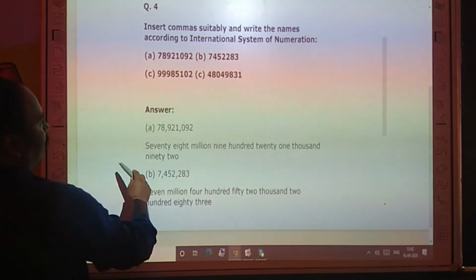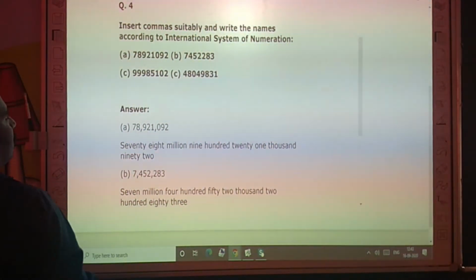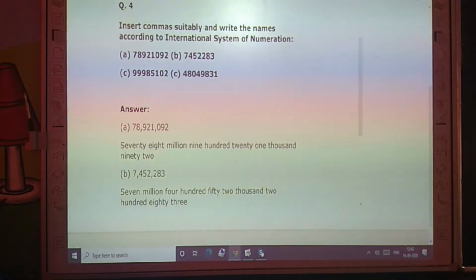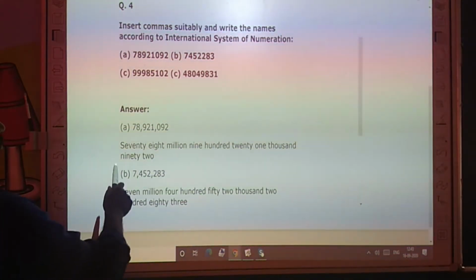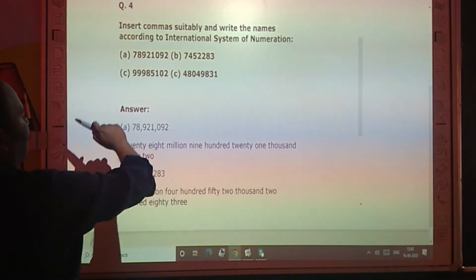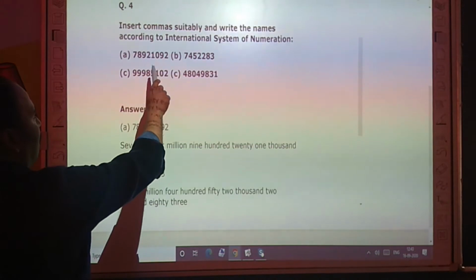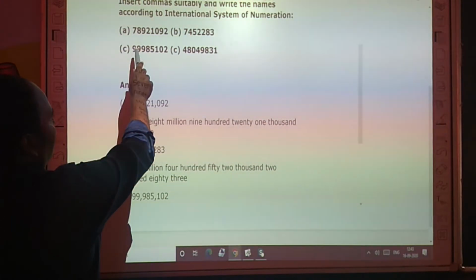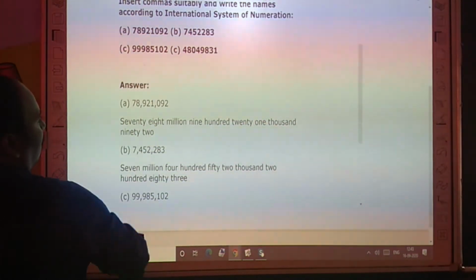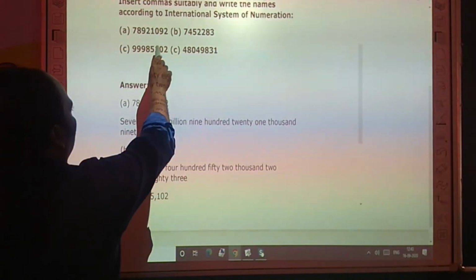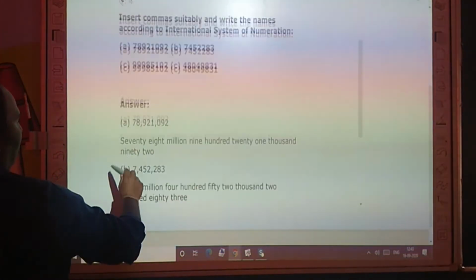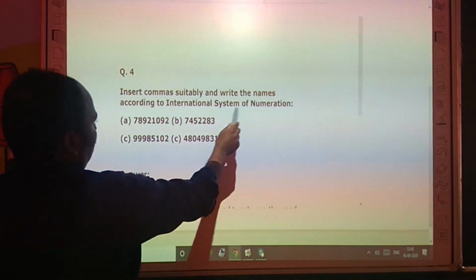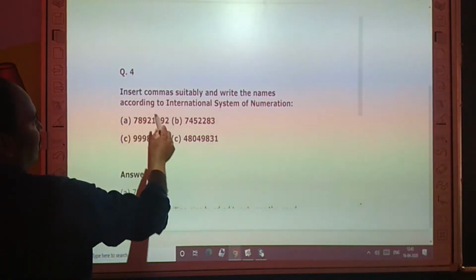The next one, question number 4. Insert commas suitably and write the names according to the International System of Numeration. Listen here. The first one is 78 million 921,092. We use the International System of Numeration, then insert commas and write the names.